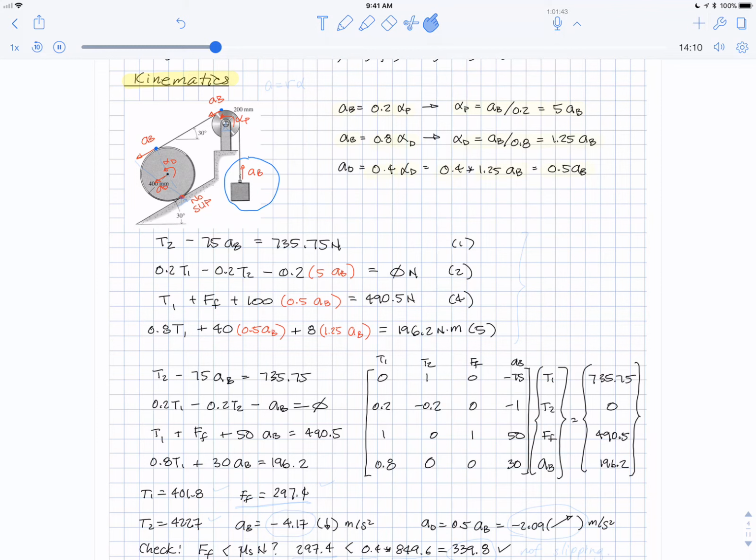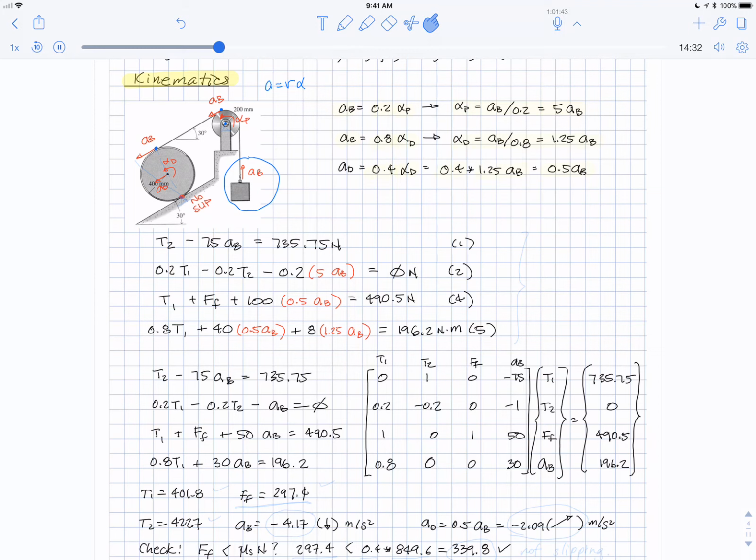The other thing we're going to use is that if you can find the spot that's not moving and you measure your radius from there, the acceleration will be r times alpha because it's just spinning about that point. So where are the points that are not moving? The pulley is definitely pivoting about the center.